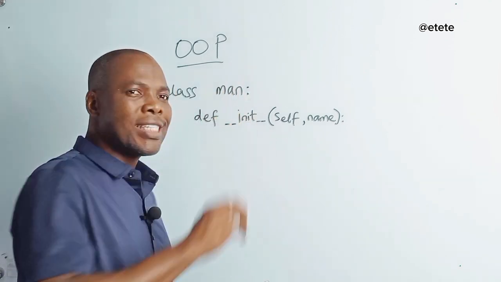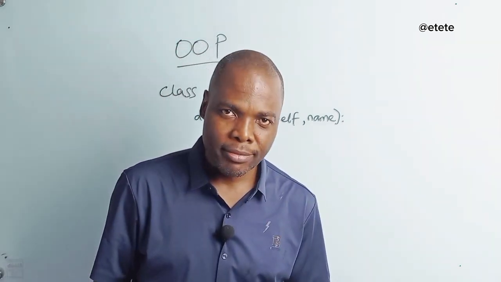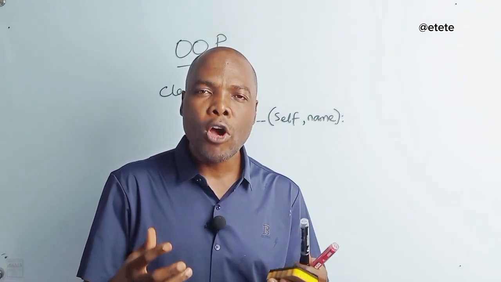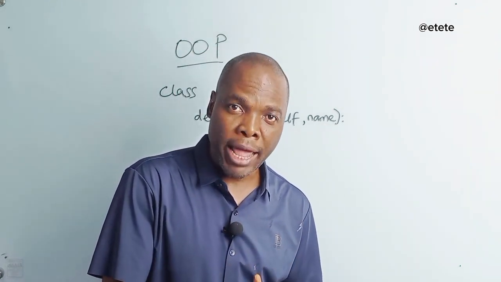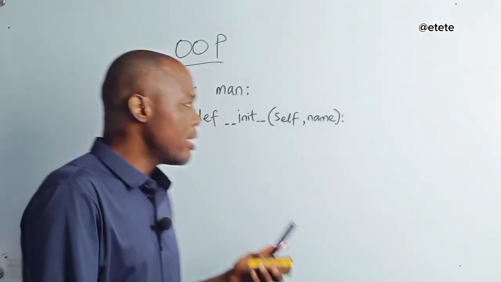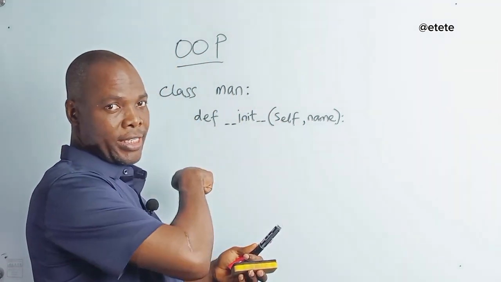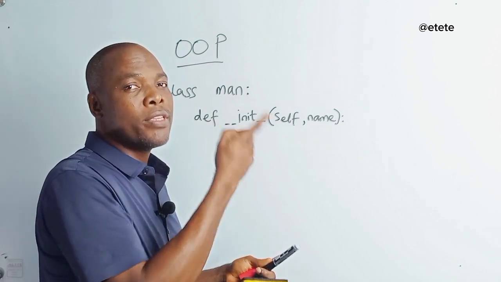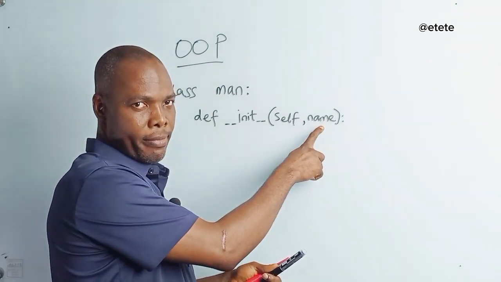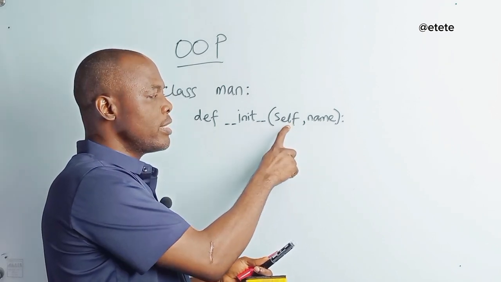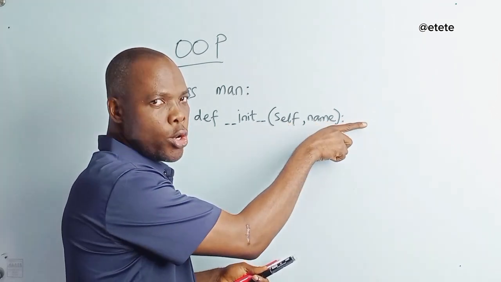So what is this class? Like a template. A class is like a template. Now, every object that will be created from that prototype or from that template, this method will be referencing it in order to give it a name. So it's expecting two attributes, self and name. And then you will go in.